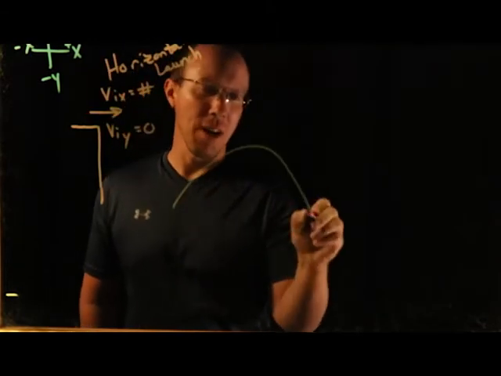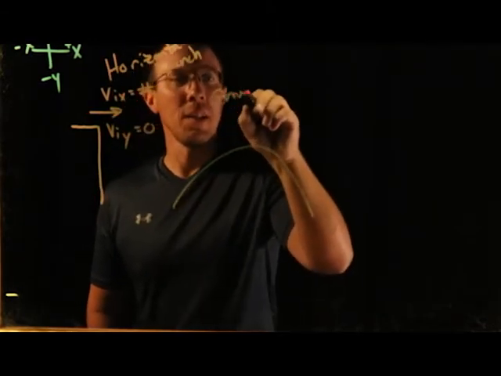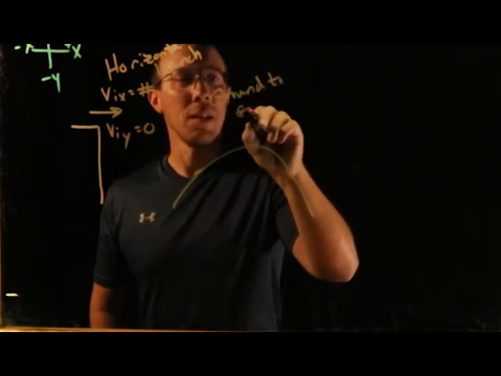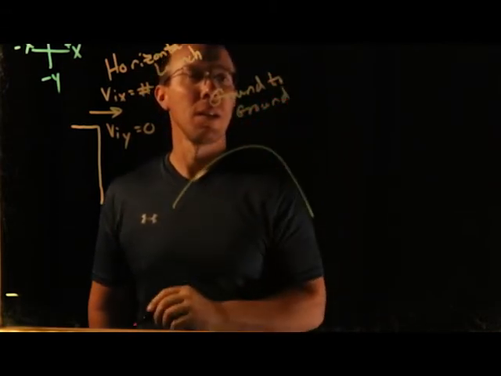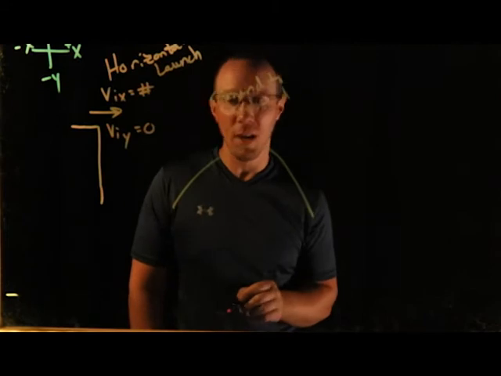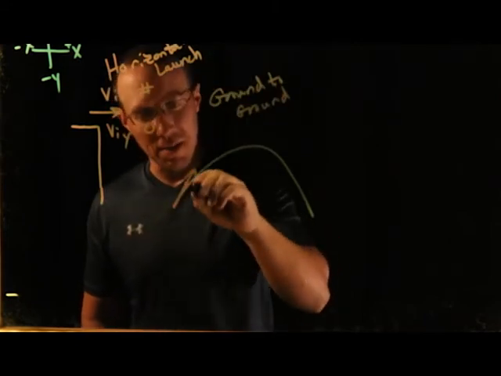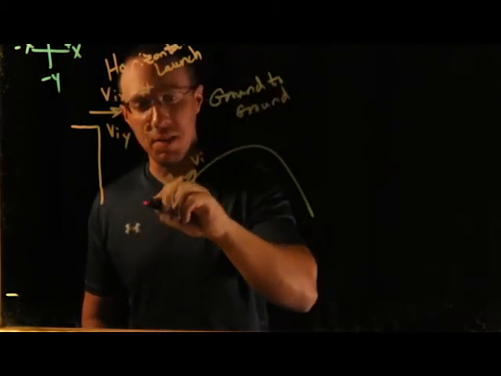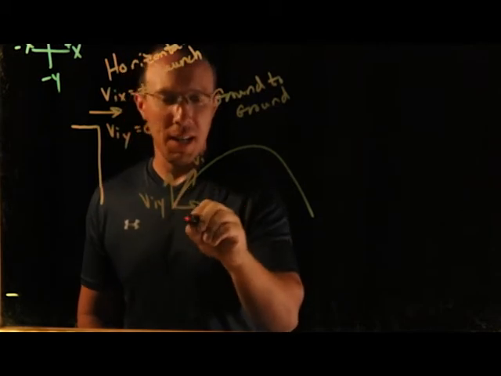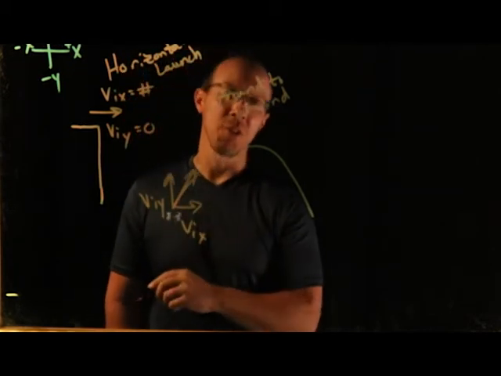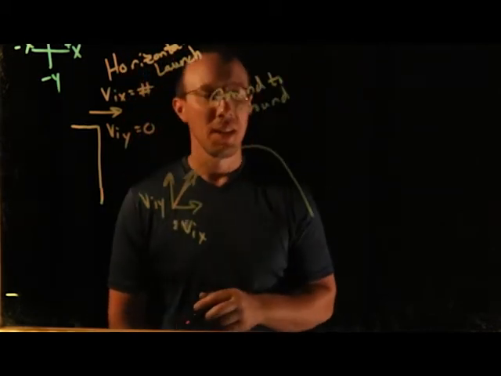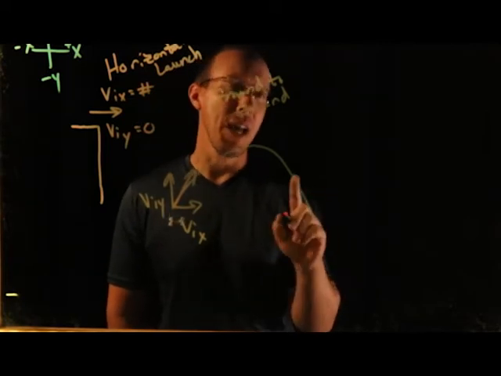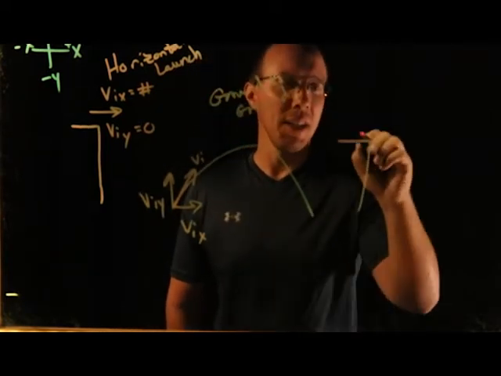Then we have ground to ground, where we do have to take our vector VI and separate it into VIY and VIX, which we'll do with trig functions that you would see in another video. And then we have a cliff.